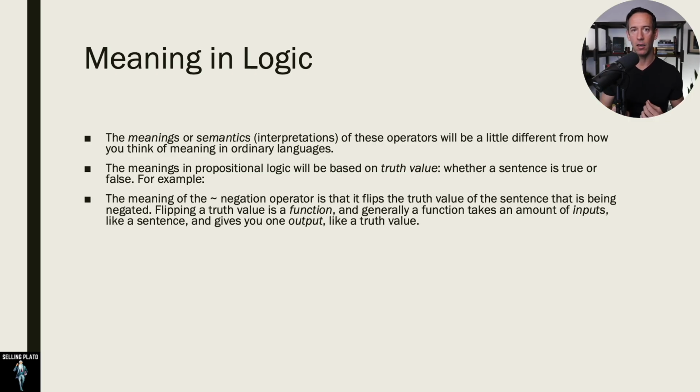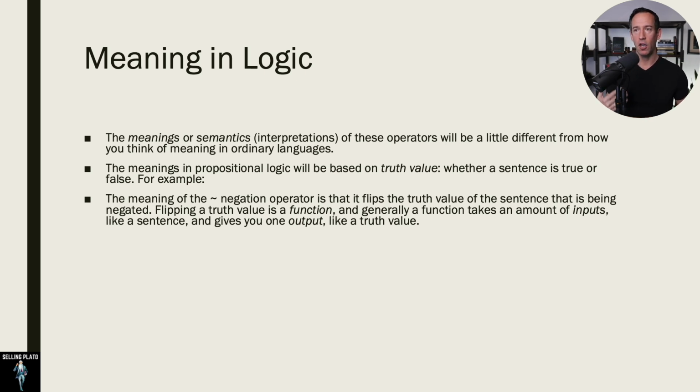The meaning of that negation operator, that squiggly line, the tilde, the meaning is that it flips the truth value of the sentence that's being negated. In that sense, it's very similar to English not, right? There's a close sort of semantics or interpretation between ordinary language, something like English, and our logical language that we're taking a look at.